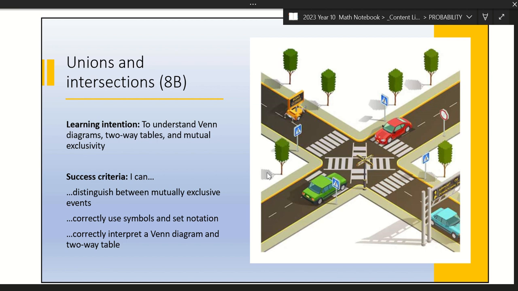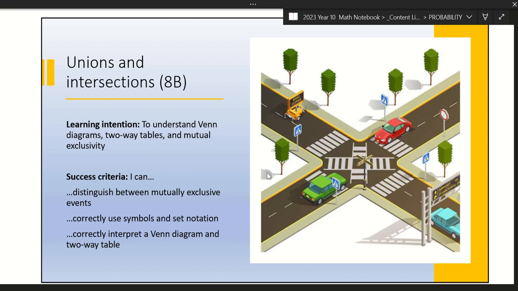So today, our learning intention is to be able to understand what is a Venn diagram and a two-way diagram. Both of them are connected to each other. And what the words mutually exclusive and non-mutually exclusive mean as well.